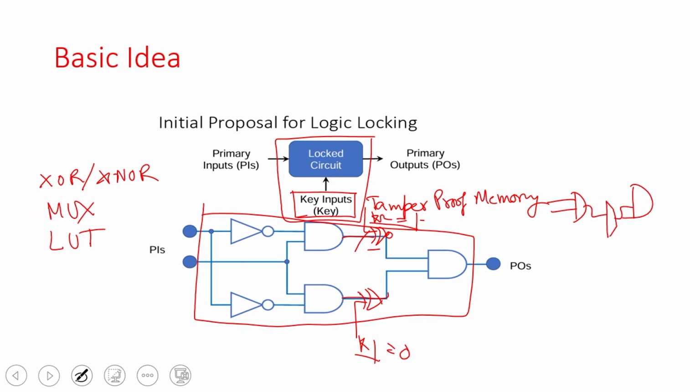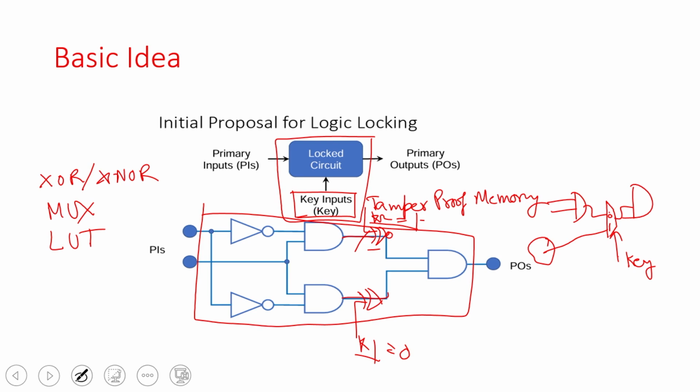This is one of the values, this is some other value from another circuit, and this is my key. If you think about this being 0 and this being 1, if you give the correct value, then only this value will go. If you give a wrong value, then a wrong value will propagate. Based on whether your key value is 0 or 1, you connect here or here, and that is determined by the correct key values.